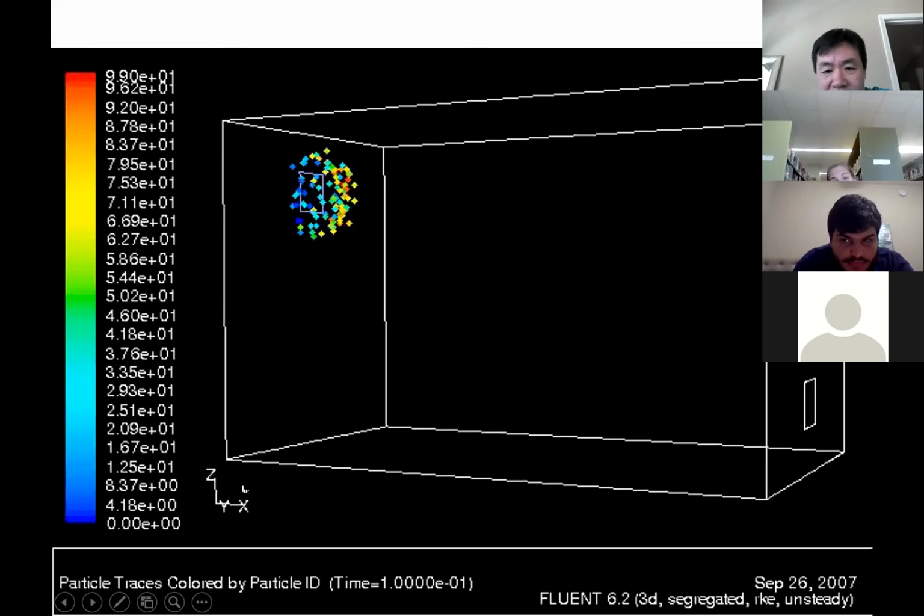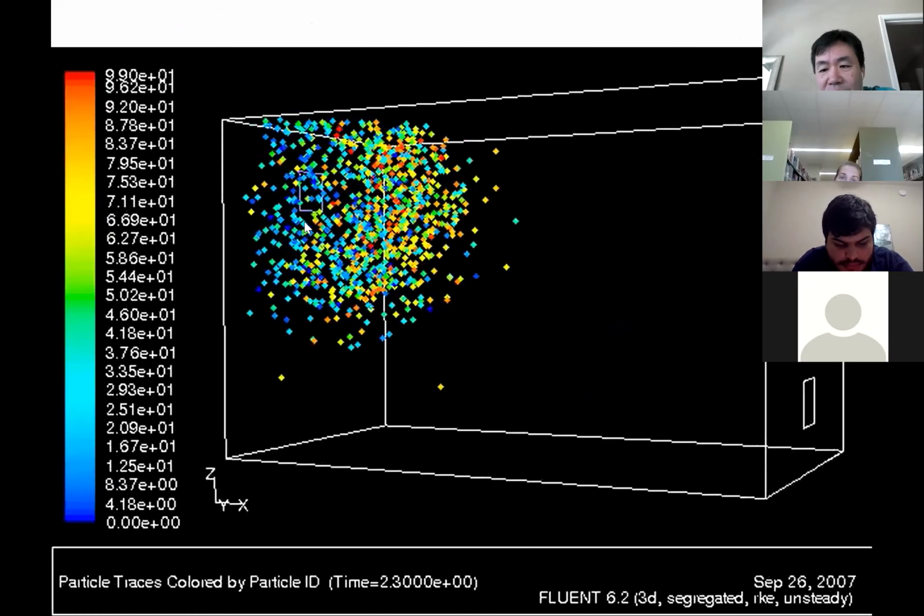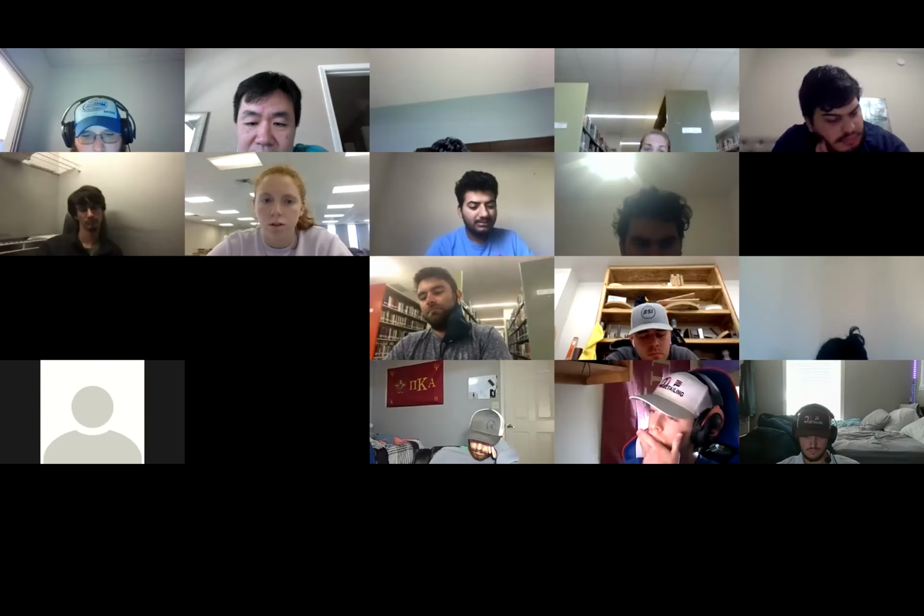This is a simulation of particles. Particle injection from an inlet to a chamber, to a room. When you inject particles into an indoor environment like this, the motion of the particle is pretty complicated to calculate and model.